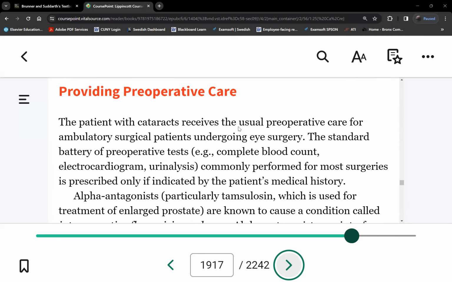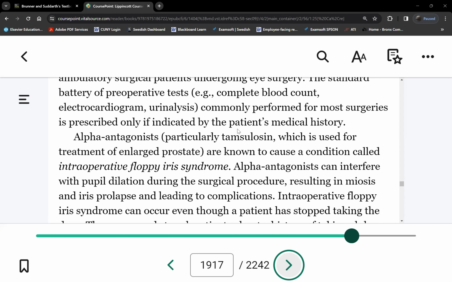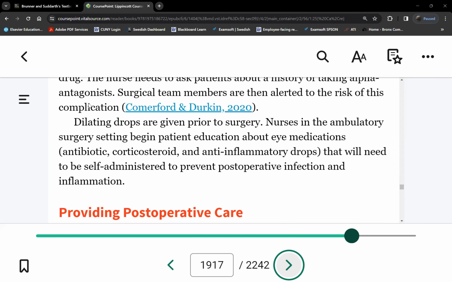Okay, so pre-op care, the patient may receive a few eye drops. Again, this is not for the cataract, but for the surgical procedure. So antibiotics may be given pre-operatively, including dilating eye drops.